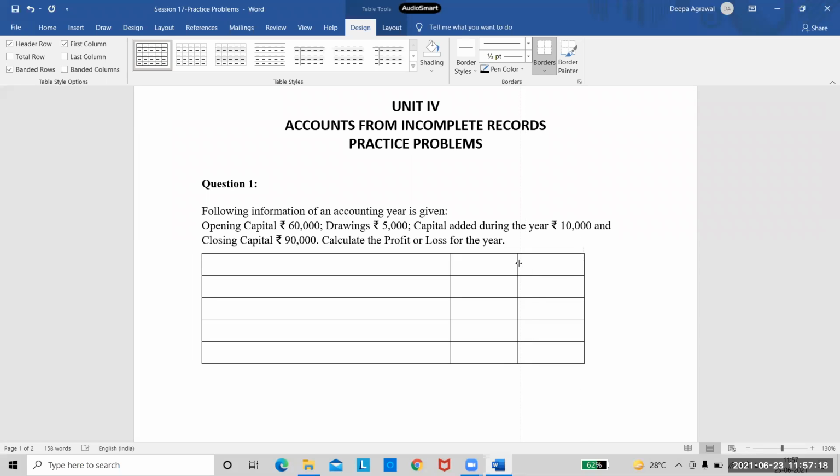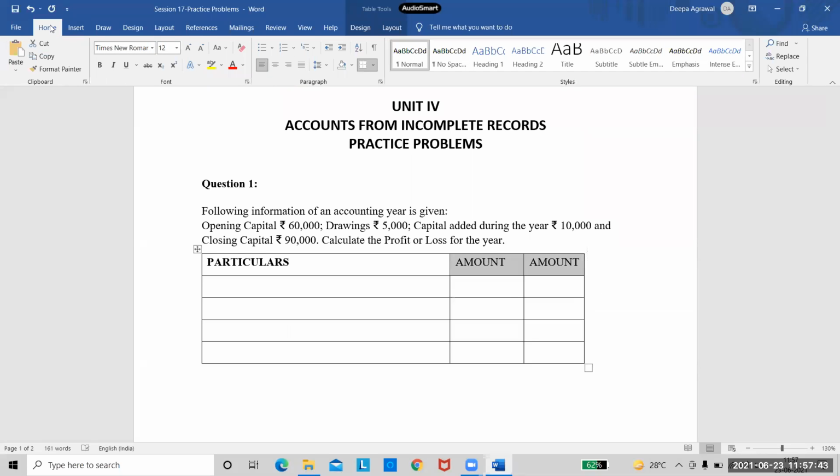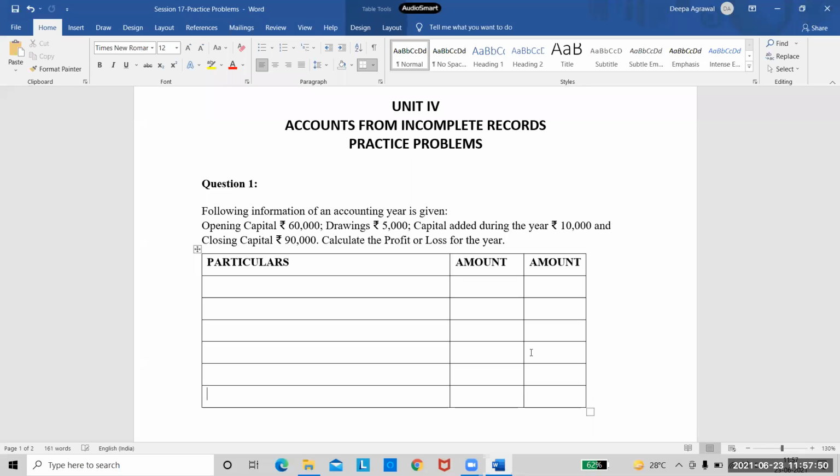So I'm drawing the pro forma, the particulars and then amount columns. This will be the pro forma for every problem according to your first method. The same pro forma will be used for every problem according to the statement of affairs method or the net worth method, and you have the same things to be filled in the problem also.